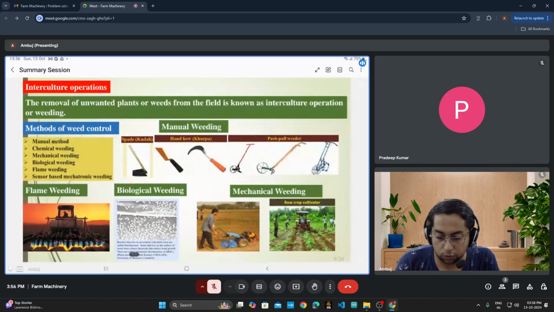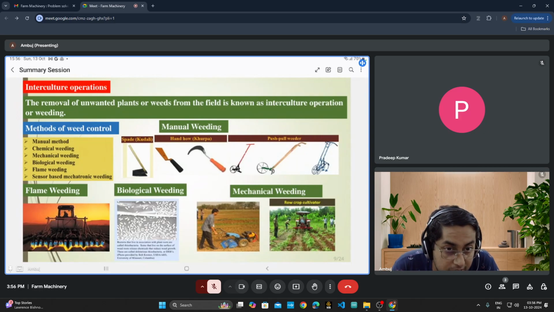Then the intercultural operations: the removal of unwanted plants or weeds from the field is known as intercultural operation. Methods of weed control include manual, chemical, mechanical, biological, flame, and sensor based mechatronic weeding.